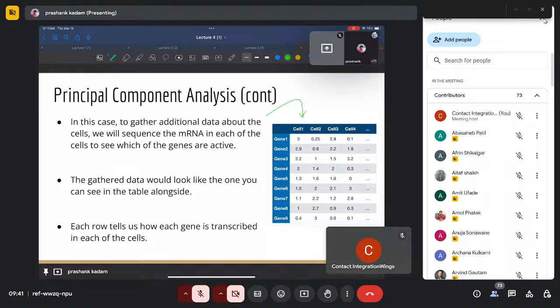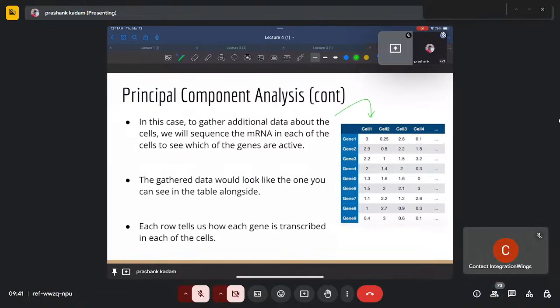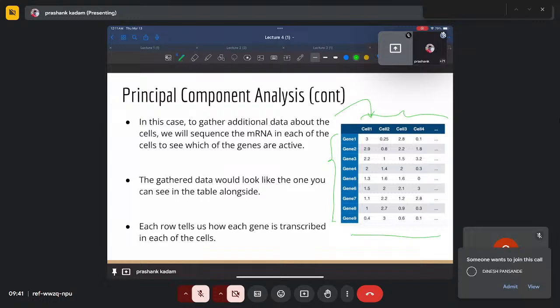We are just doing RNA sequencing. So we get information about all these genes of these different cells. Now, as you can see, we have sequenced information of 9 different genes, and in rows and columns we have all the different cells that we have, right? So this becomes our data set now.